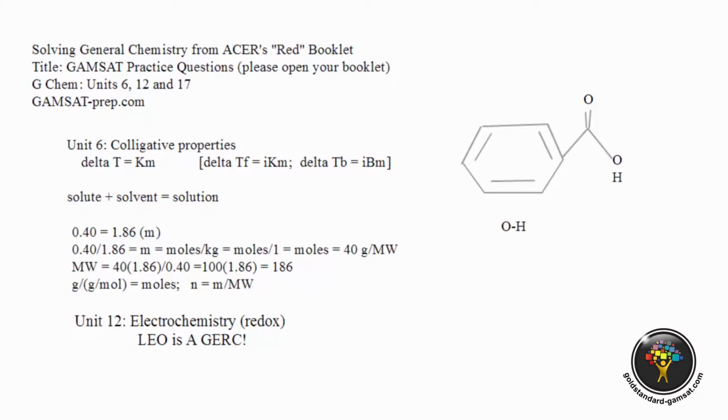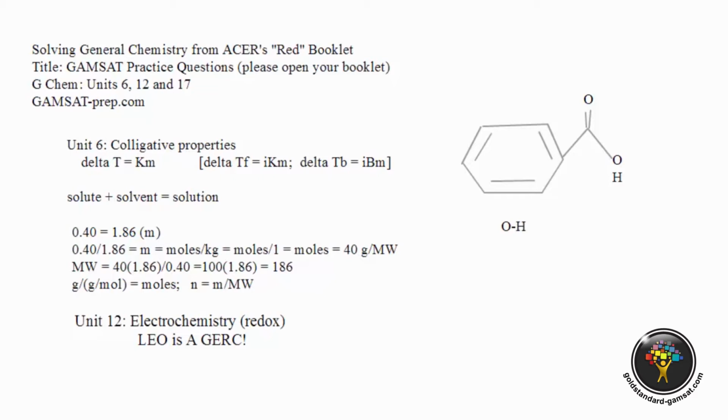Just one other thing, which is a play of words, and I've said before that ACER loves opposites. It's very important that you know what an oxidizing agent and a reducing agent is. An oxidizing agent, and it makes sense in terms of the English, is something that will oxidize something else.